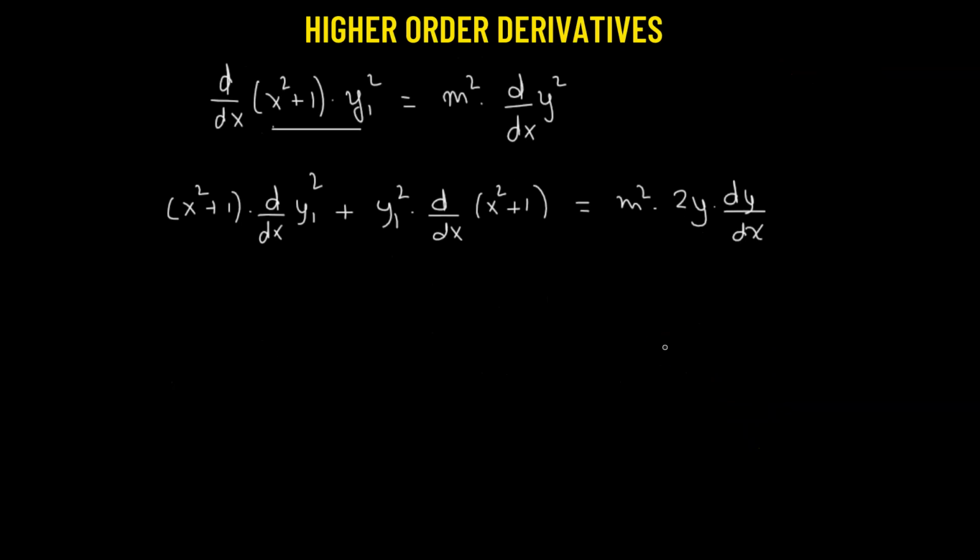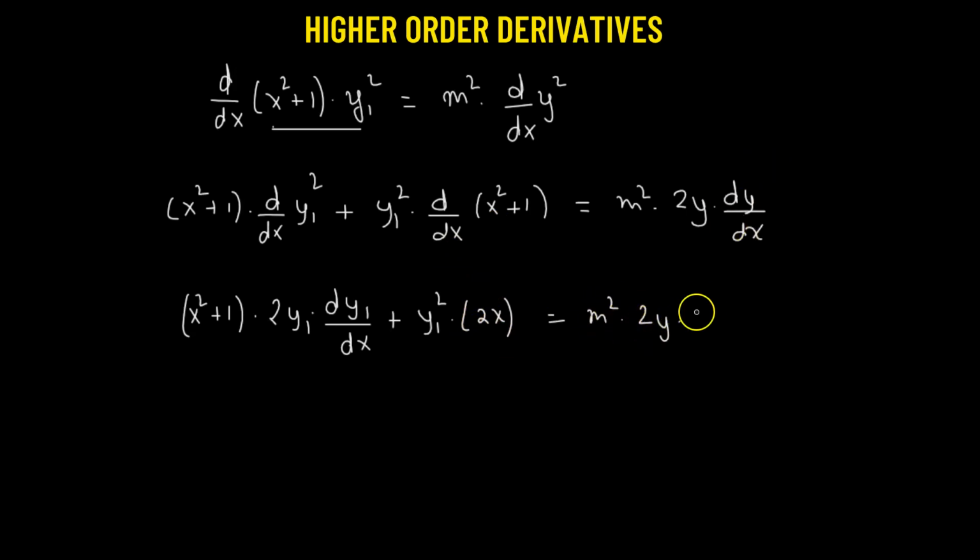Right. So this gives us (x squared plus 1) times, so we have to take the derivative of y1 squared, which is 2 times y1 multiplied to the derivative of y1 with respect to x, plus y1 squared times the derivative of x squared plus 1 with respect to x. So that's simply 2x.